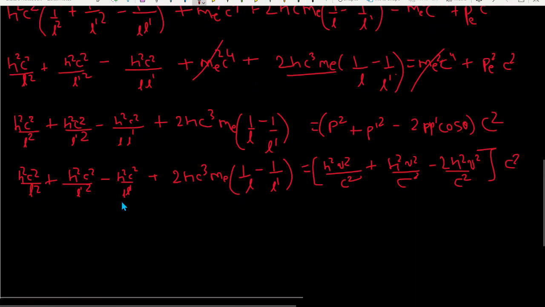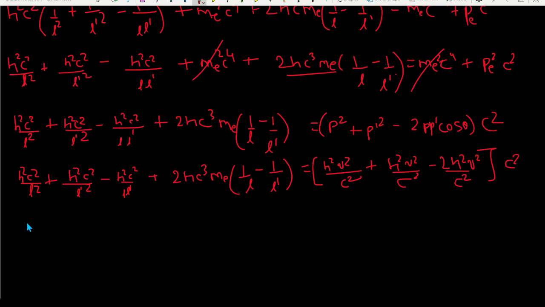Let's write it in a more compact manner. It's h square, and c square upon lambda square is mu square, so it's mu square plus h square mu dash square, and negative of h square c square divided by lambda into lambda dash plus 2hc cube m_e into 1 upon lambda minus 1 upon lambda dash.